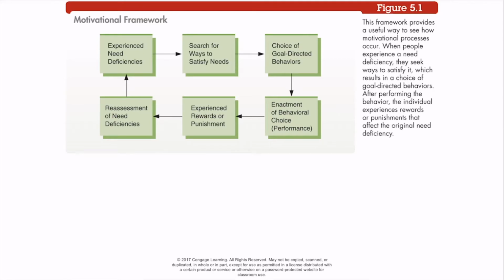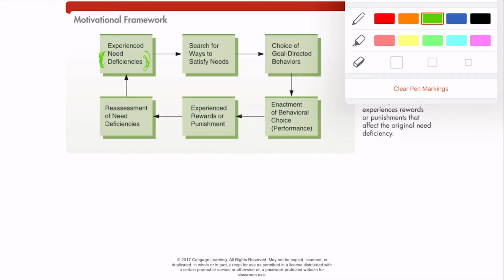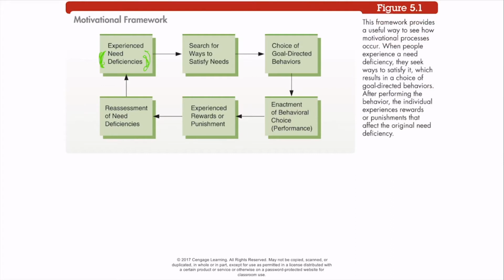Now, Figure 5.1 talks about the motivational framework, and it starts with some type of need deficiency. Something is going on that you are not able to accomplish, that you want to accomplish.